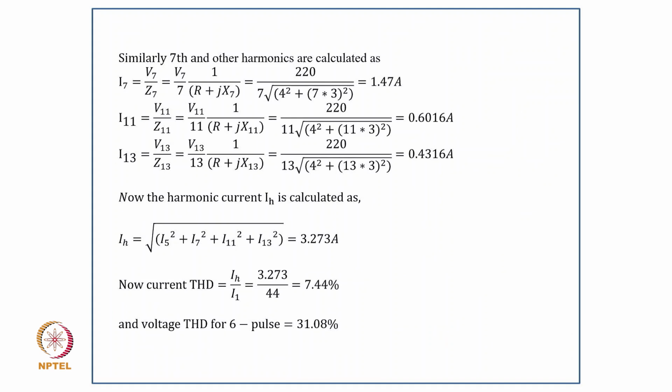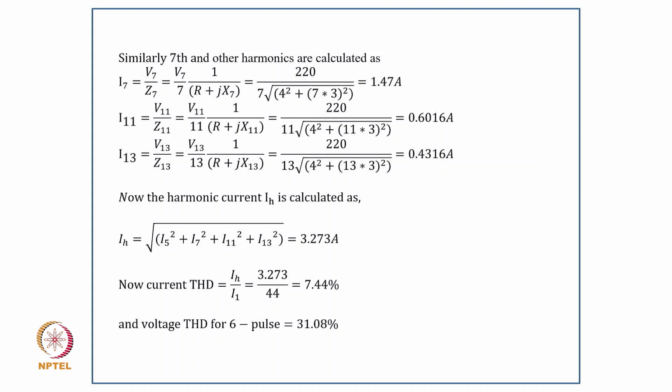Similarly for the 7th order and other harmonics: I7 equal to V7 by Z7, that is V1 by 7 times 1 upon R plus jX7, and 220 upon 7 times root of 4 square plus 7 into 3 square equals 1.47.